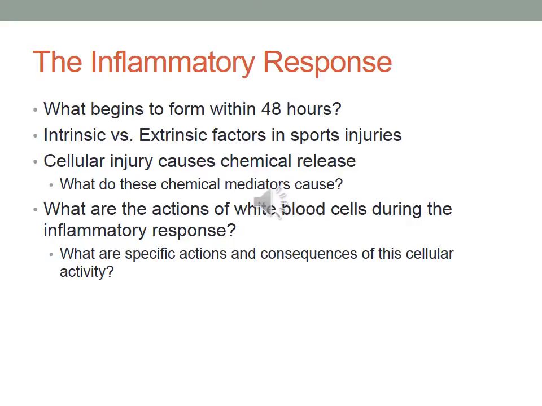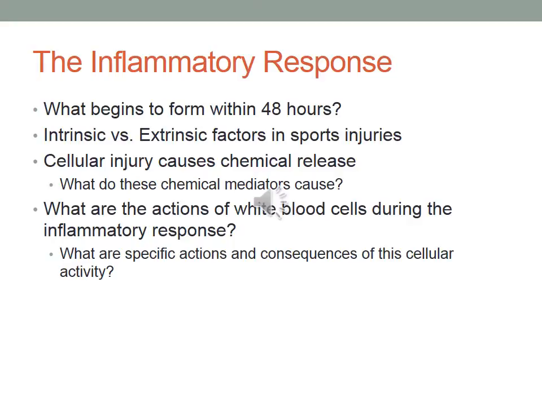As far as the intrinsic versus extrinsic factors, I'd just like you to look. There's a table in your textbook on page 33, box 3-1. Kind of look at those factors. As far as the chemical release, we talked about some of the enzymes. There's other chemicals that will get released. Chemicals such as bradykinin, histamine.